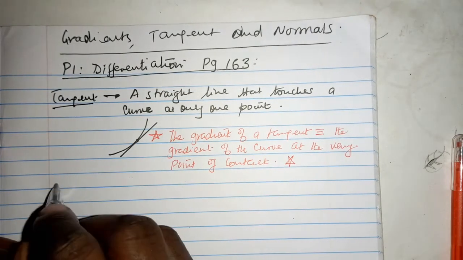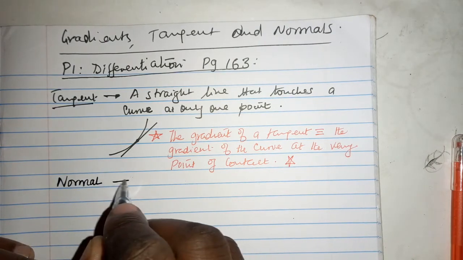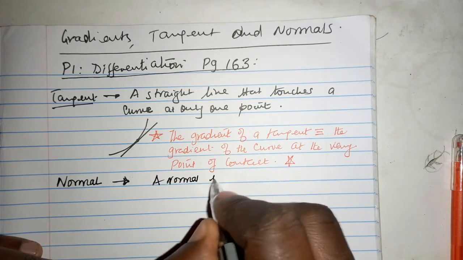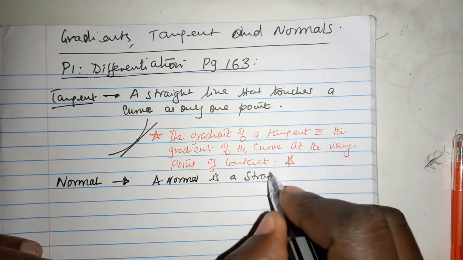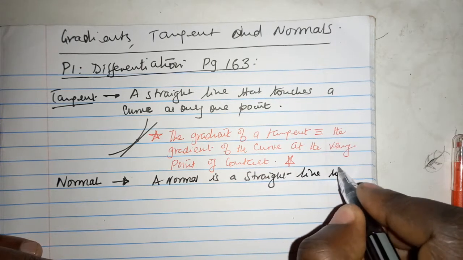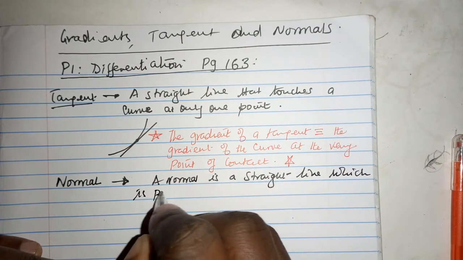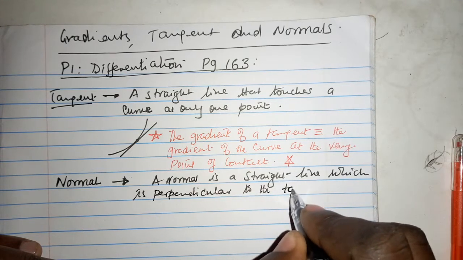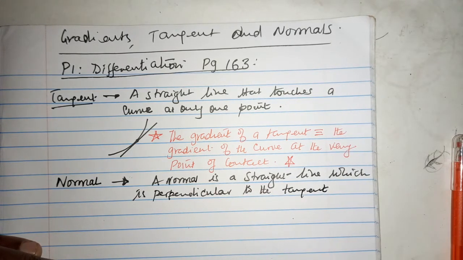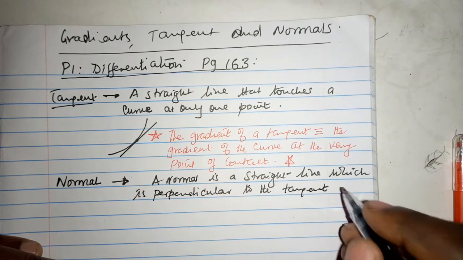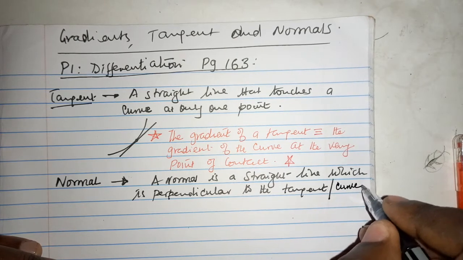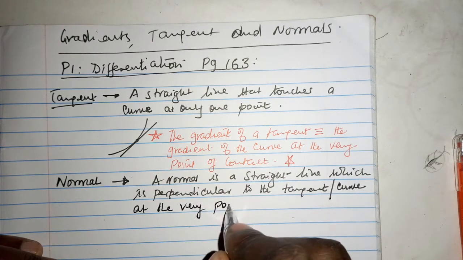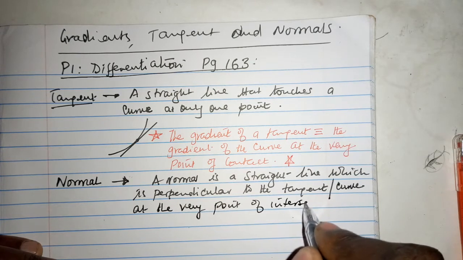What is a normal? A normal is a straight line which is perpendicular to the tangent, and by extension, if it is perpendicular to the tangent, it is also perpendicular to the curve at the very point of intersection.